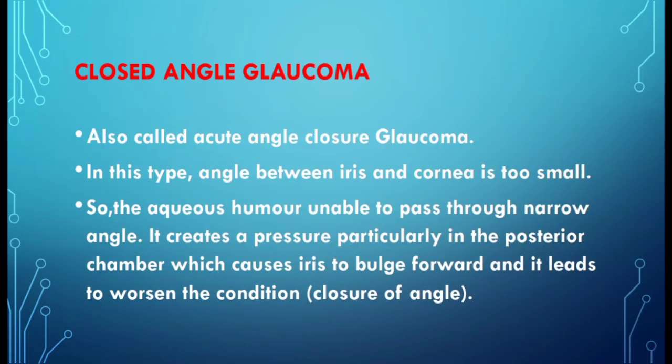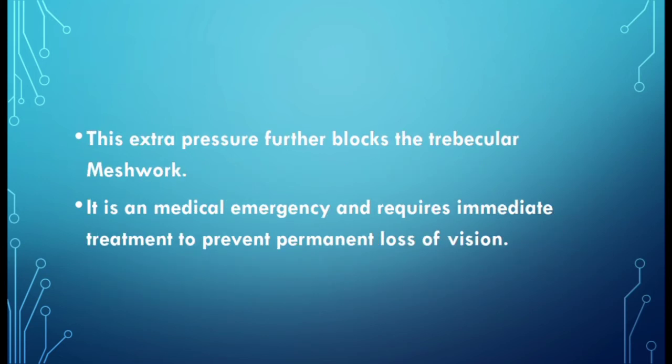At the initial stage, when the angle is narrow, the aqueous finds it somewhat difficult to pass through the narrow angle, and it creates a pressure, particularly in the posterior chamber, which causes the iris to bulge forward, and it worsens the condition. That means the angle gets closed. So now the aqueous is still being produced, but it is unable to drain through the trabecular meshwork, and it is a medical emergency condition, and it requires immediate treatment to prevent permanent loss of vision.